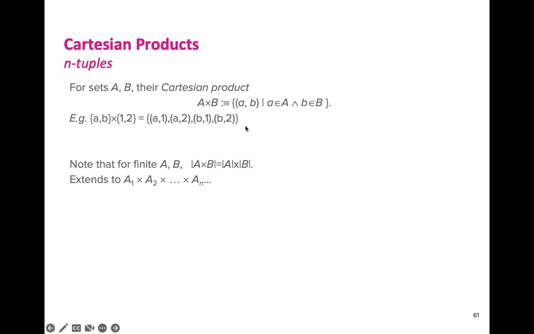Okay. Now, this extends to A sub 1 times A sub 2 until A sub n.